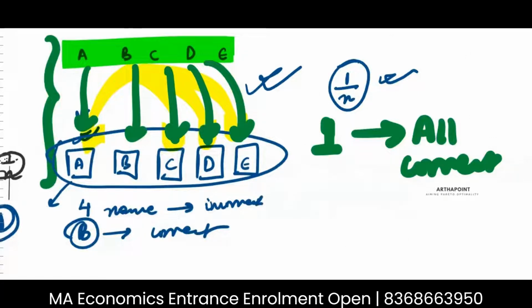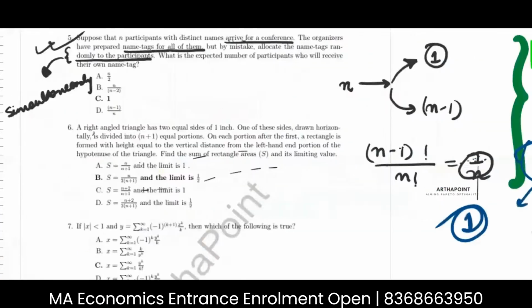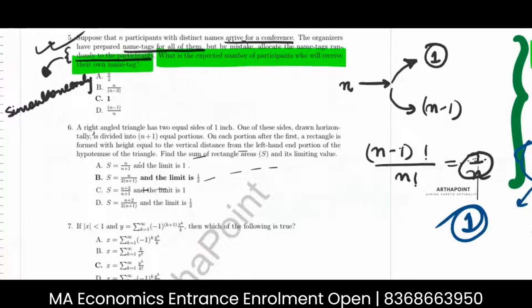So only one such possibility when everyone gets the correct name tag. Now it says, what is the expected number of participants who will receive their own name tag? So I have to go ahead and check what is the expected number of participants.